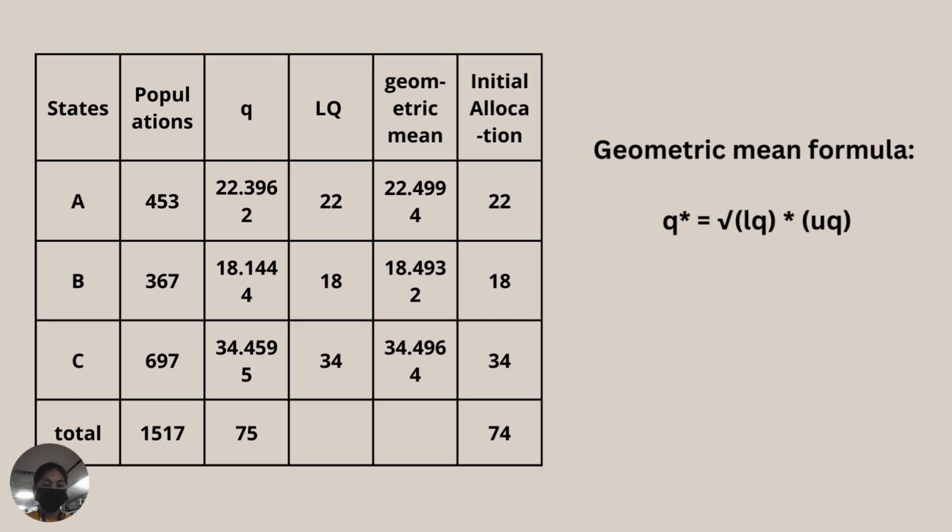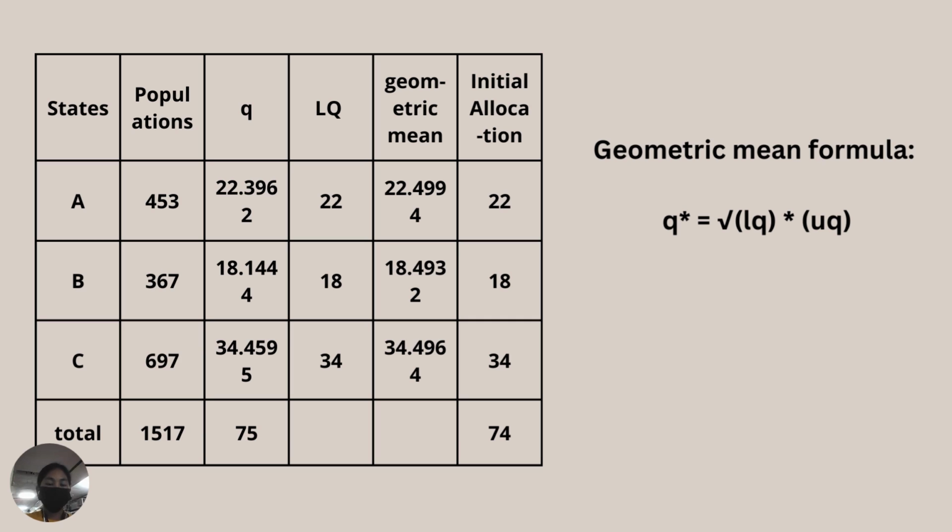In state B, the lower quota is 18, multiplied by 19, the geometric mean is 18.4932. In state C, the lower quota is 34 and the upper quota is 35, so the answer is 34.4964.